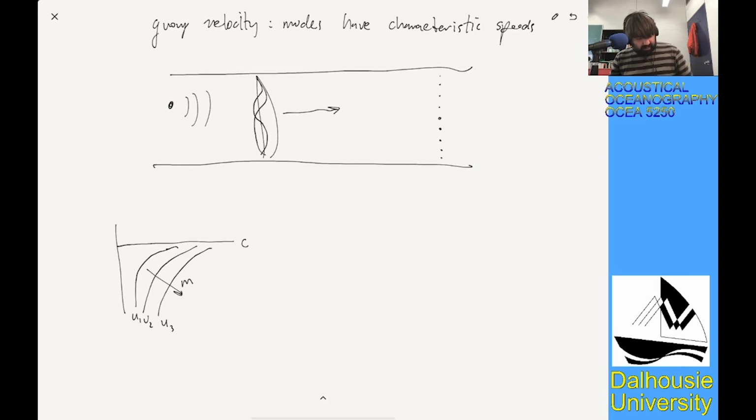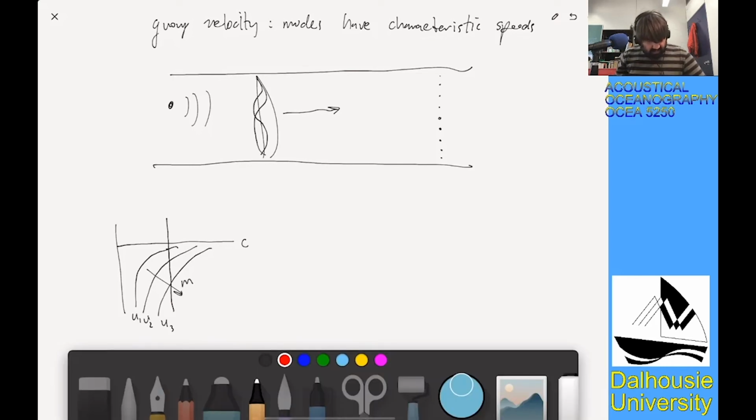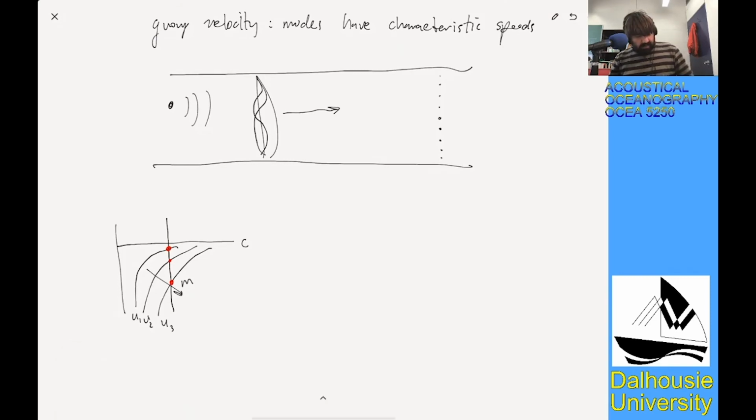we can look at a particular frequency, and then we can see that mode 1 arrives with a velocity very close to c. Mode 2 is slower. Mode 3 is even slower, right? Let me just relabel these: velocity and frequency.